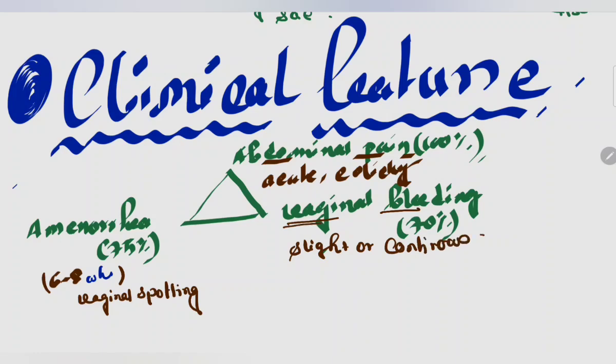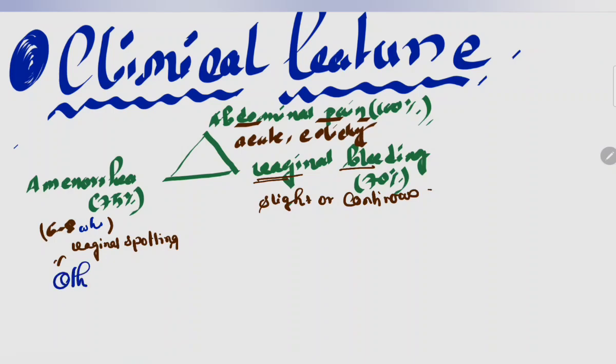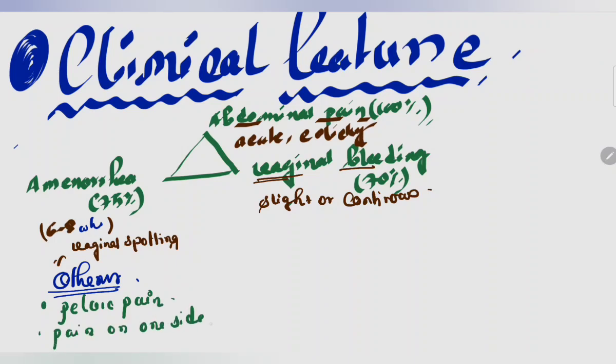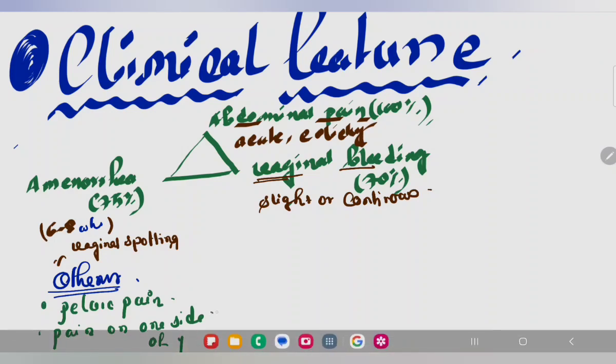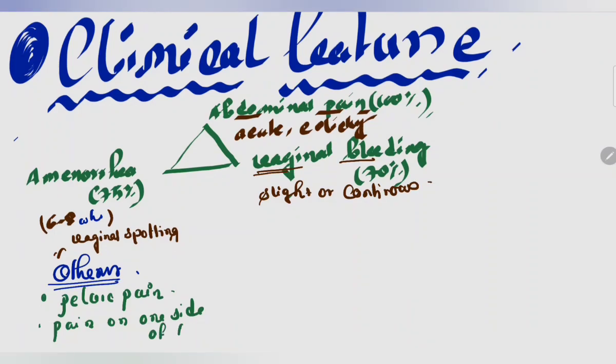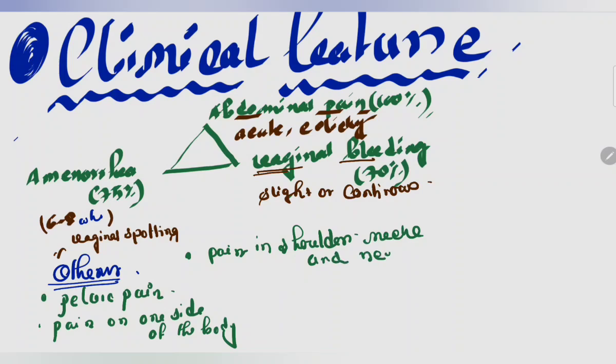In vaginal bleeding, expulsion of decidual cast may occur. Other symptoms are pelvic pain, pain on one side of the body, pain in shoulder, neck, and rectum.